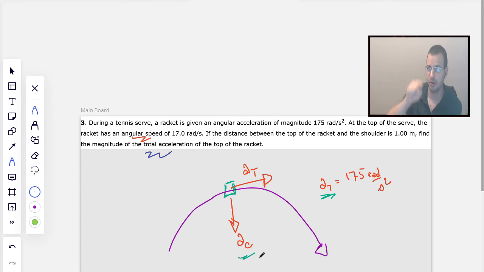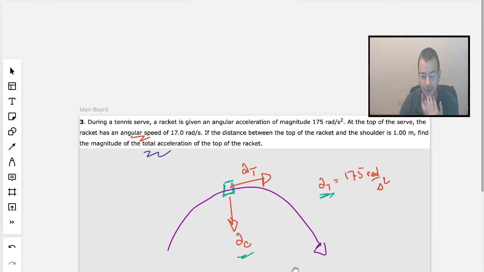That's why you have centripetal acceleration when you're moving in a circle. When you're moving in a circle at a constant speed, you're actually accelerating because you're changing the direction of your velocity vector. Whenever you have a change in velocity, that's an acceleration. So we have to take both of these into account.